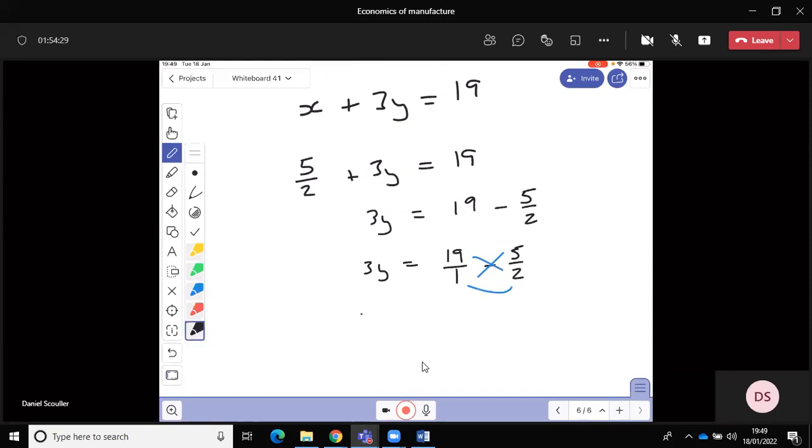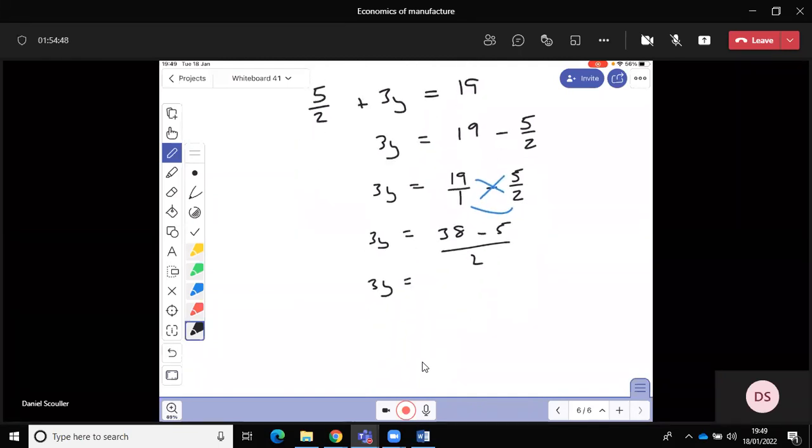So we've got 3y equals 2 times 19 is 38, minus 1 times 5 is 5. Be careful what sign's in the middle there. 1 times 2 is 2. So we now have 3y equals 33 over 2.